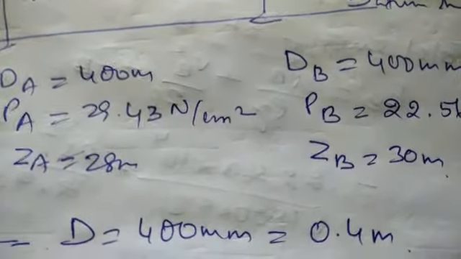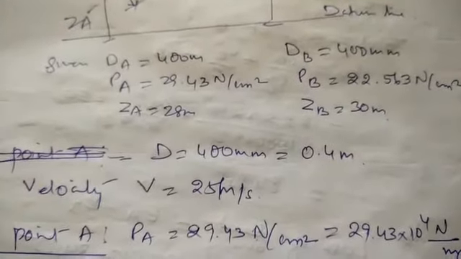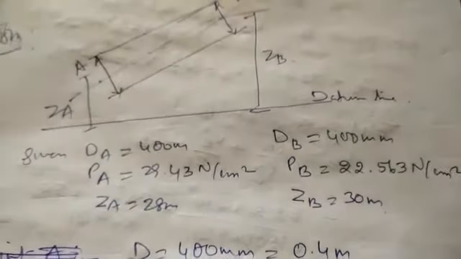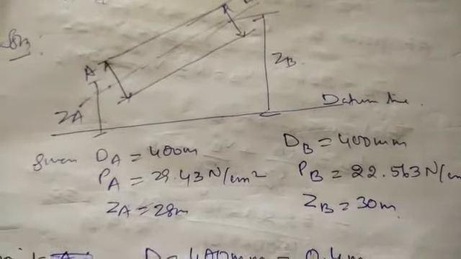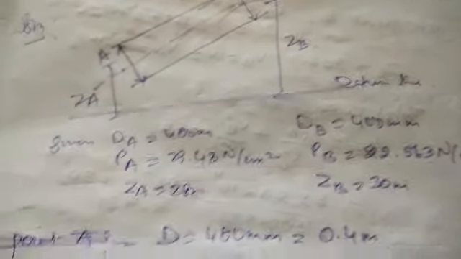At section A and section B both, it is a pipe of uniform diameter, therefore DA is equal to DB. Both are having the same diameters. PB is 22.563 Newton per centimeter square. Similarly ZB, the distance of section B from the datum line, is 30, as you can see here. ZA is 28.